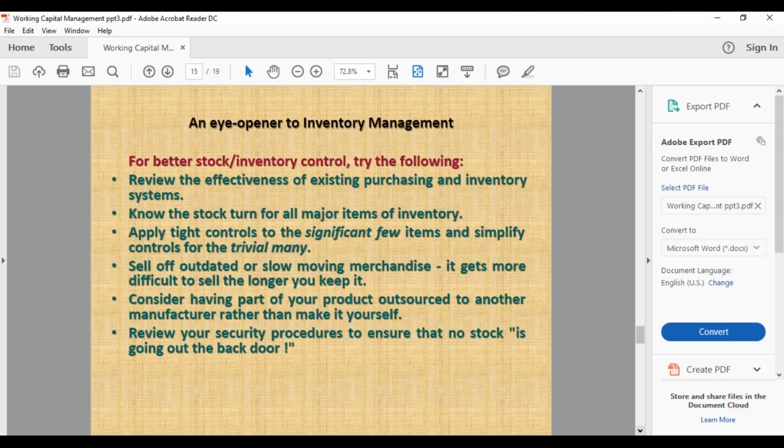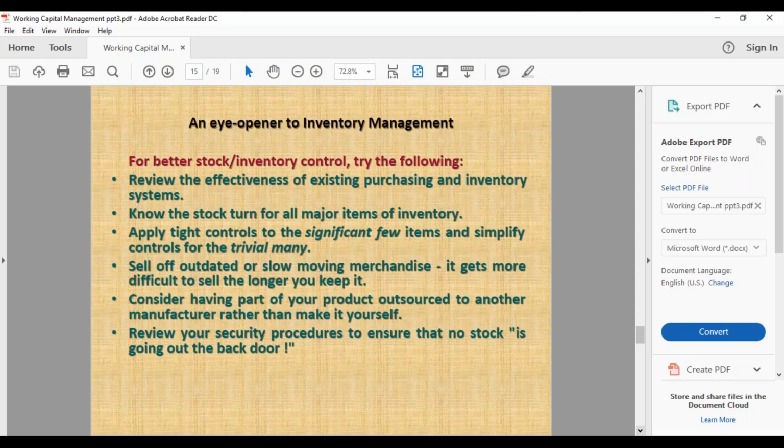Sell off outdated or slow moving merchandise or slow moving inventory. There's no point in carrying inventory which is old. That's why places like Big Bazaar have a clearance. When they are not able to sell things fast, they put them into clearance. They give a lot, like 50% discount, and try to sell it fast so that they get rid of the inventory.